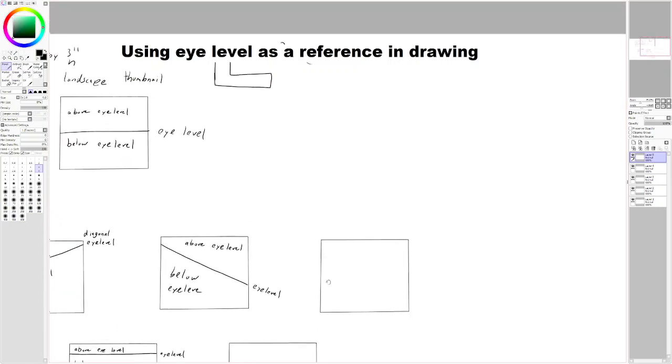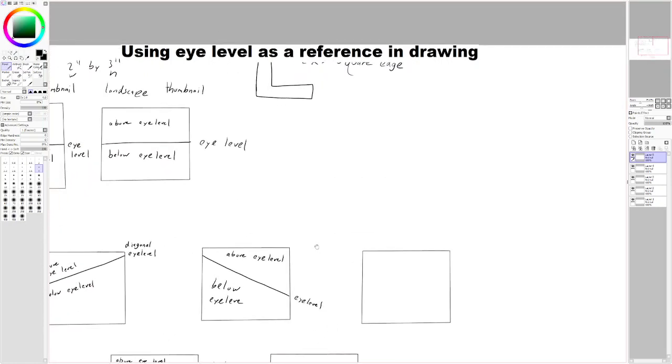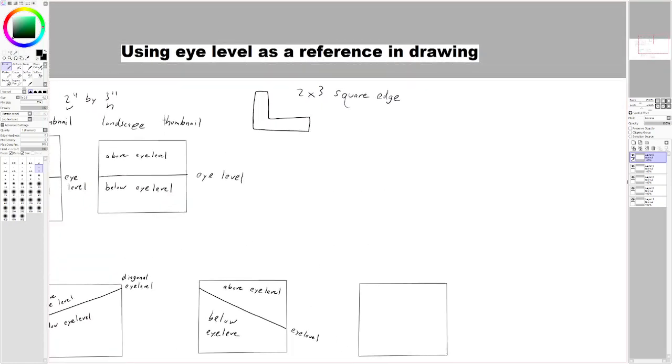Oh, the other thing I wanted to mention, I'm doing this digitally. They do make really small square edges, like 2 inches by 3 inches. I actually ordered one recently because I've been doing a lot more traditional drawing, just with a mechanical pencil.